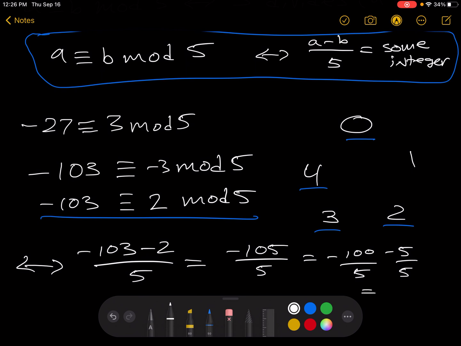So that'd be negative 20 minus 1, that's negative 21. That is in fact an integer. So now we found that this is true, which tells us that negative 103 is in fact congruent to 2 mod 5. That's how I would do it. That's it.